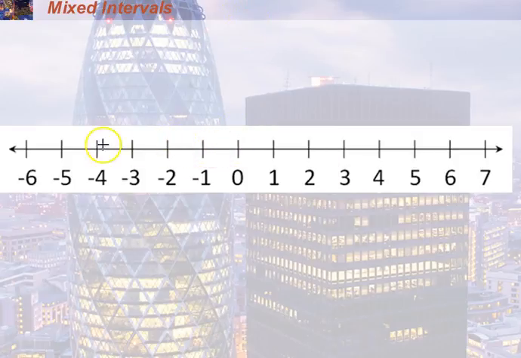I'm going to draw this right here. That's clearly open, and this is clearly closed. Go ahead and pause the video and see if you can predict what I'm going to have to write to represent this interval, while I color this in.